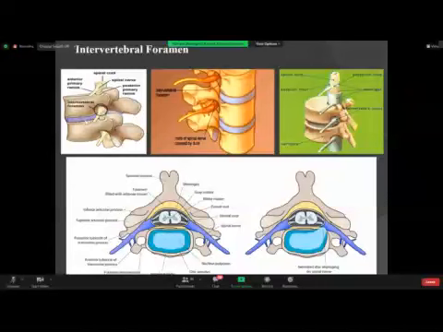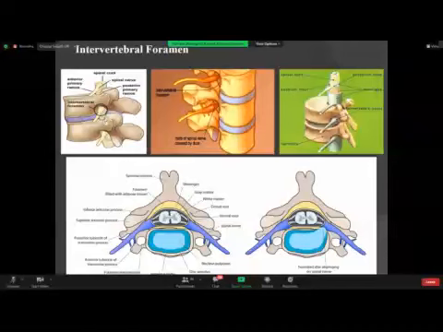If there is no vertebral disc over here, this will fall on the other vertebra, and this spinal nerve will be crushed in the process.